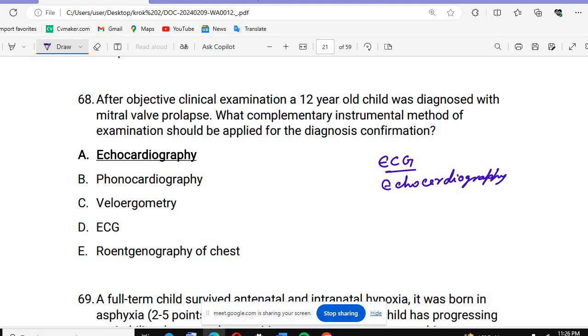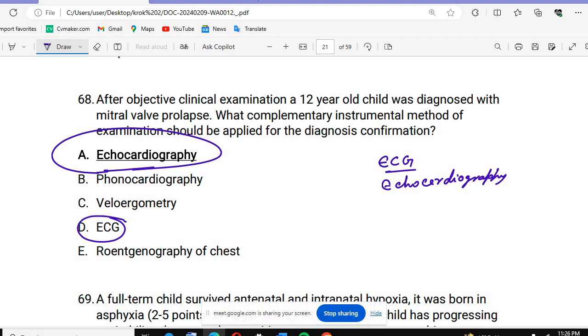According to my point of view, these both are the same, right? But the Krok 2 authors are very superior to us, so they keep it very differently. If you get both ECG and echocardiogram, they have done some hard work, so we also need to respect their hard work.